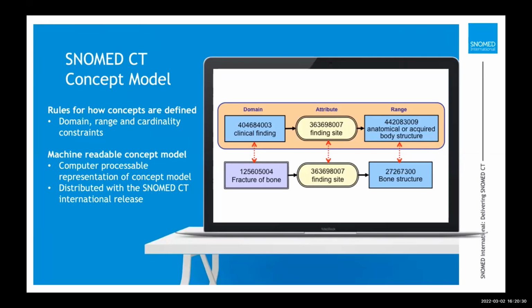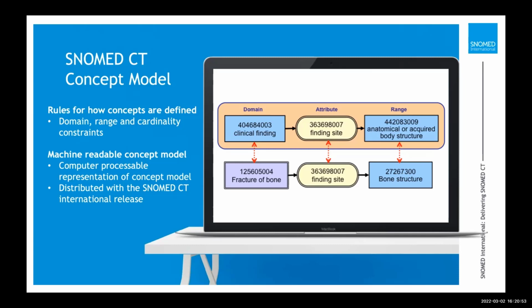So this relationship, fracture of bone has finding site bone structure, is concept model valid because the source concept, fracture of bone, is a type of clinical finding and is therefore in the valid domain of the attribute, and the destination concept bone structure is a type of anatomical structure, so it's in the valid range of the attribute.